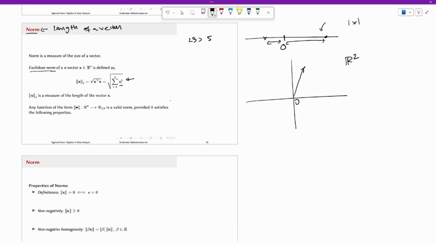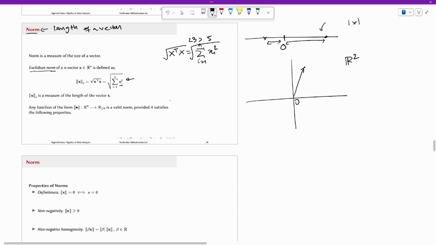It just so turns out that the Euclidean norm and the standard inner product are related. x transpose x is simply the summation over i equals 1 to n of xi squared. And if we simply take the square root of this, that is your Euclidean norm. So the standard inner product gives you a way of measuring the length of a vector, and that is essentially your Euclidean norm.